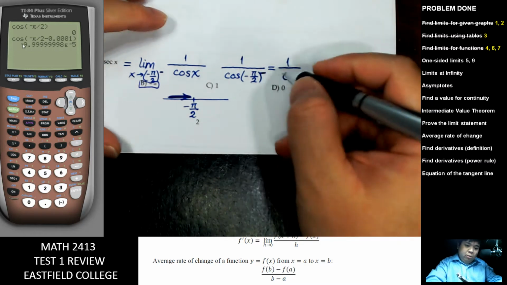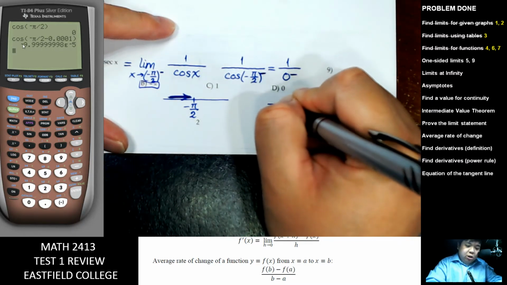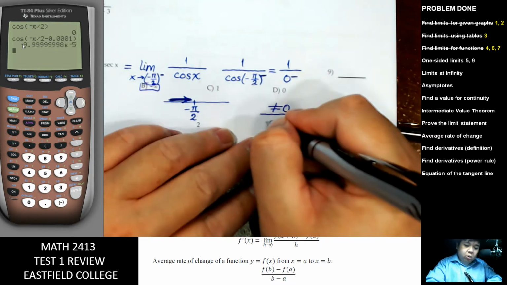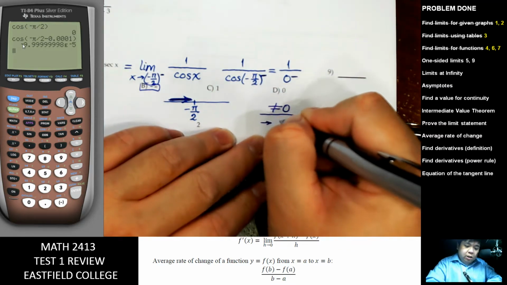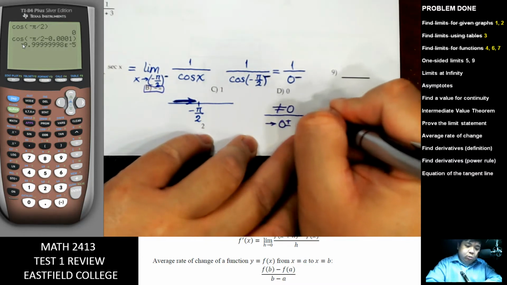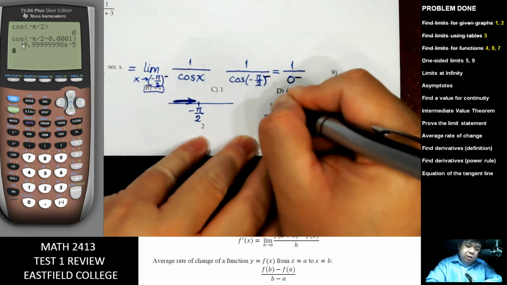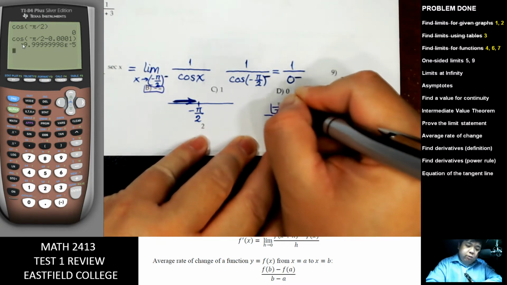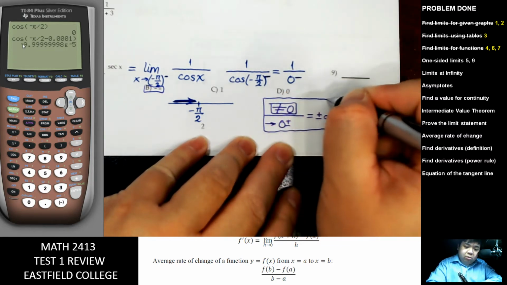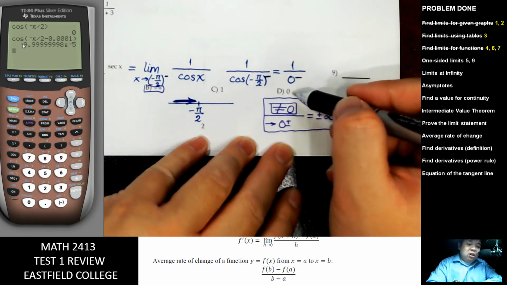Right. So let me write this down. When we have something that is not equal to 0 divided by something that goes to 0 on the plus or the minus side, it will be plus or minus infinity. It could be positive or negative infinity, depending on whether we divide the positive by the negative number.